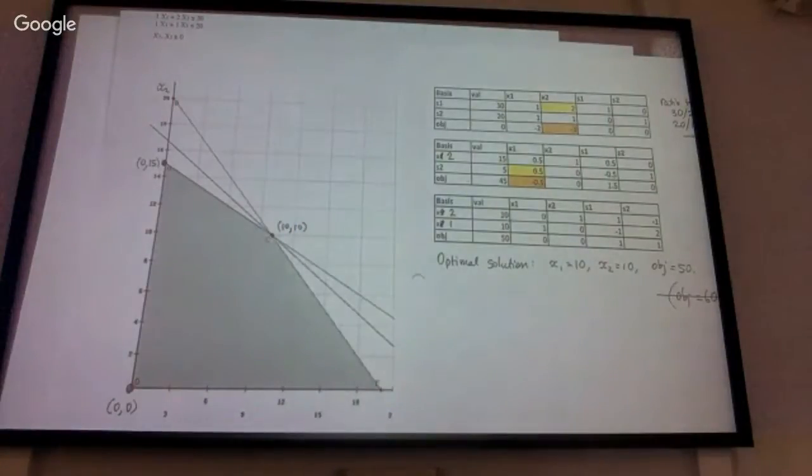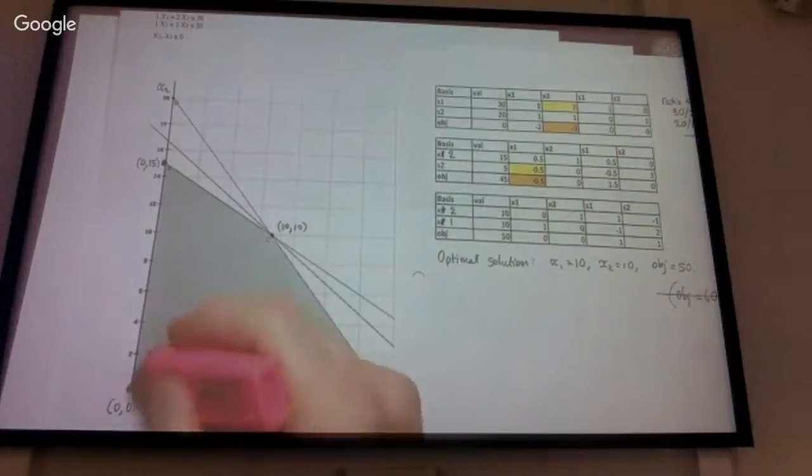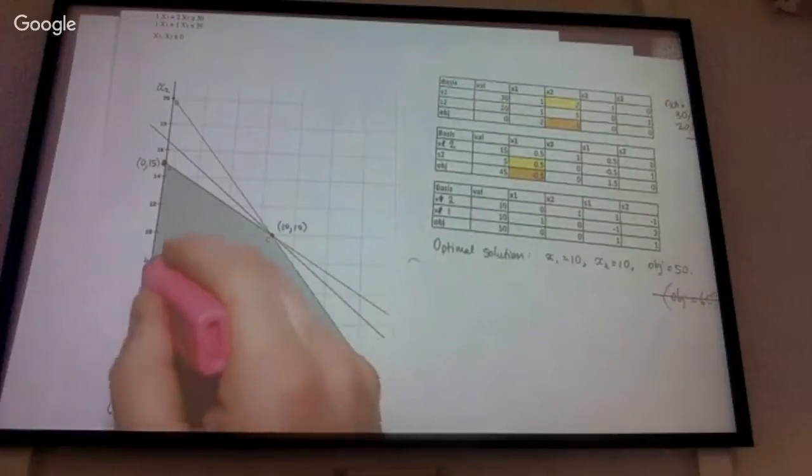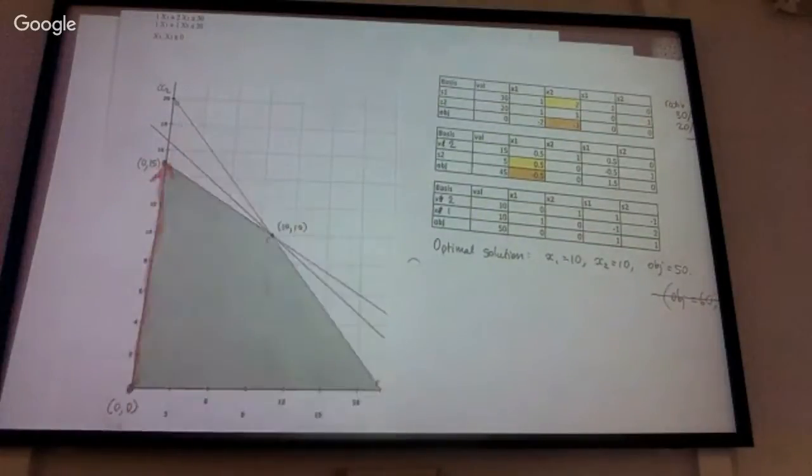What happens in the pivoting, as we showed last week, is that the pivot step moves from one corner point of the feasible region, which in this case is a polygon, to another. In higher dimensions you get something called a polytope. If you had 3 decision variables, you'd have a 3-dimensional object, and with more than 3 decision variables you have a higher-dimensional object.